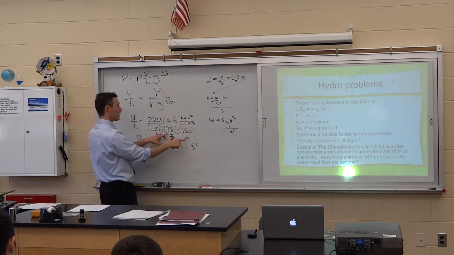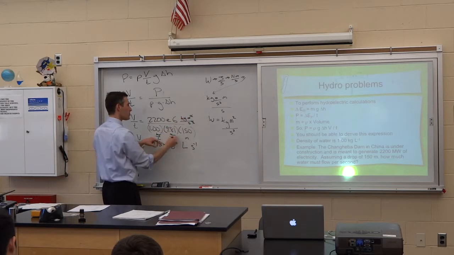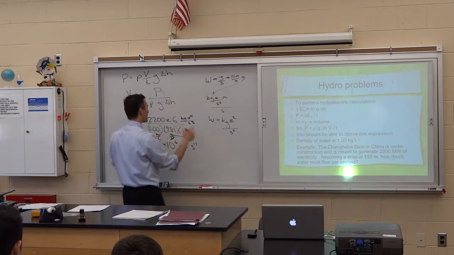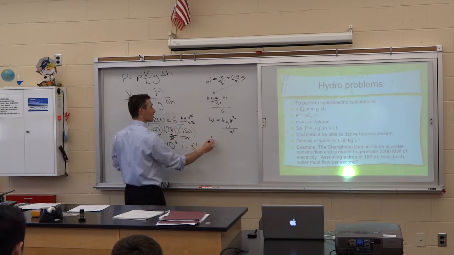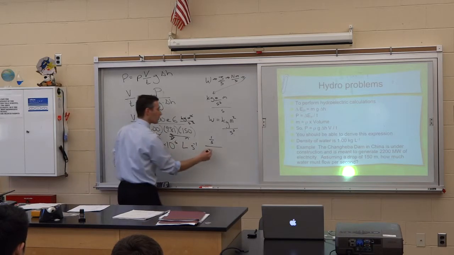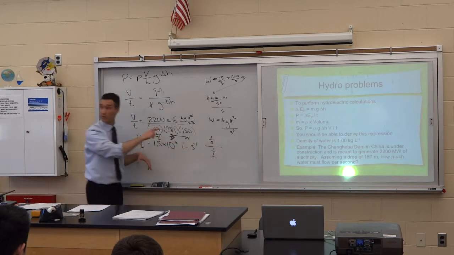Then I've got meter squared here, meter squared there. So I've got 1 over seconds in my numerator, 1 over liters in my denominator. So I think that gives me meters per second.